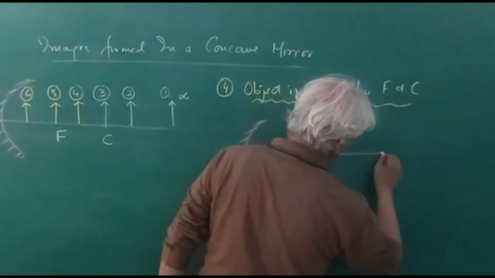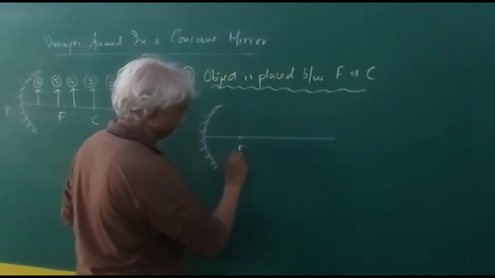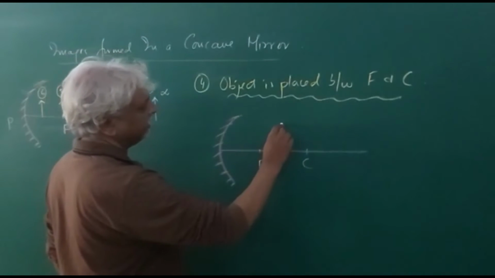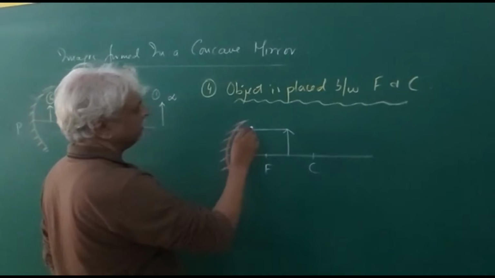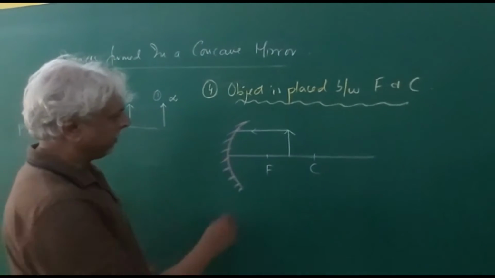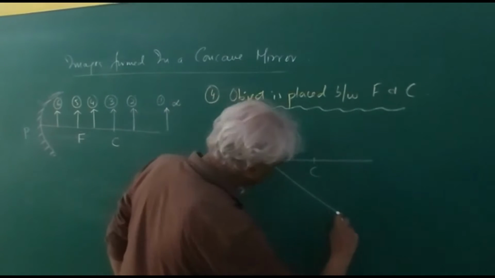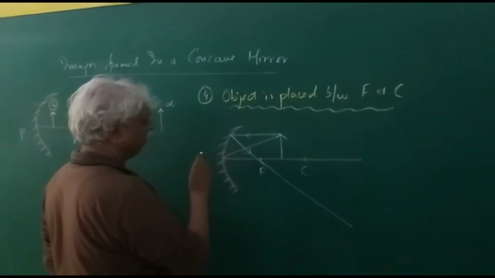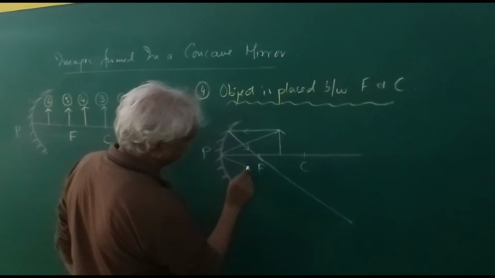We have the principal axis, point F, the principal focus, and the center of curvature. We are placing the object between F and C here. The first ray of light will strike the mirror parallel and pass through the principal focus. The second ray of light will strike the pole of the mirror and reflect back at the same angle, as you can see over here.